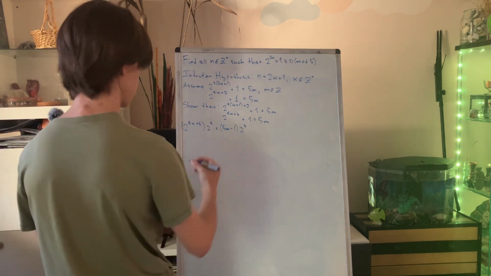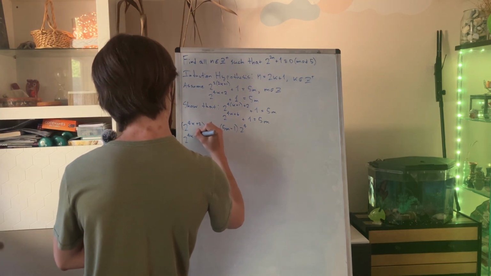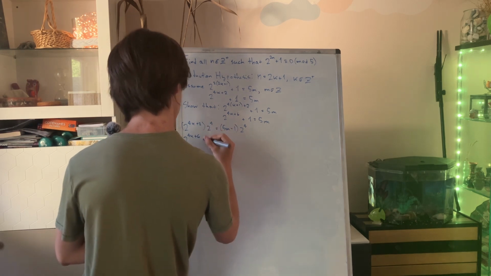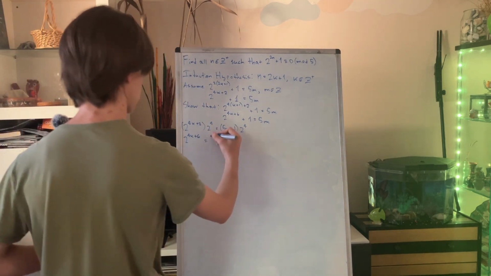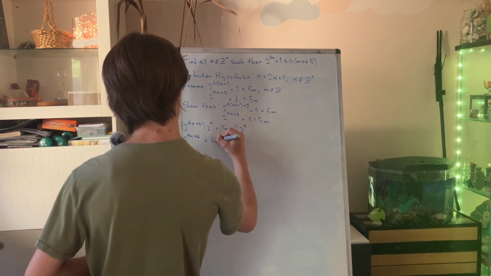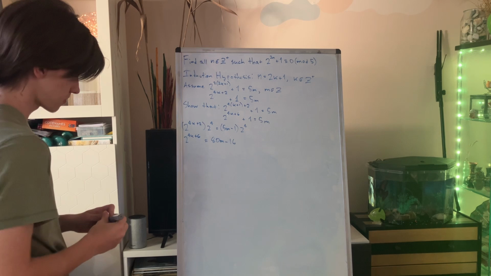All right, this is going to equal 2 to the 4k plus 6, as said. But what concerns us most is the right-hand side. We're going to have 16 times 5m, so 80m minus 16.